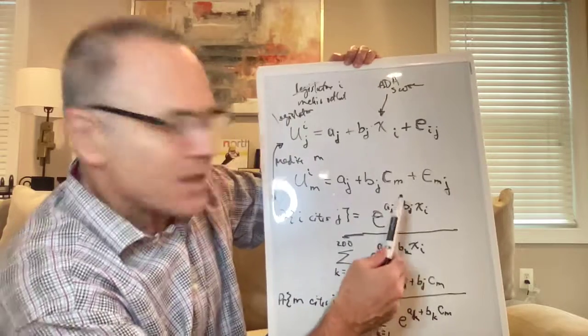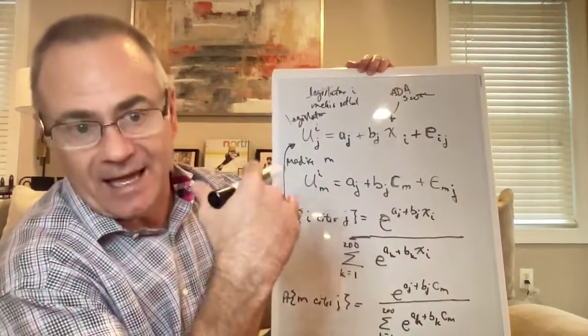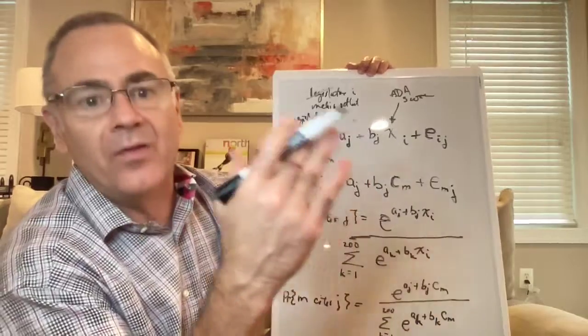Probability I cites j. Same thing can happen. Let's add lambda to all the B sub j's. Okay, let's see what happens.